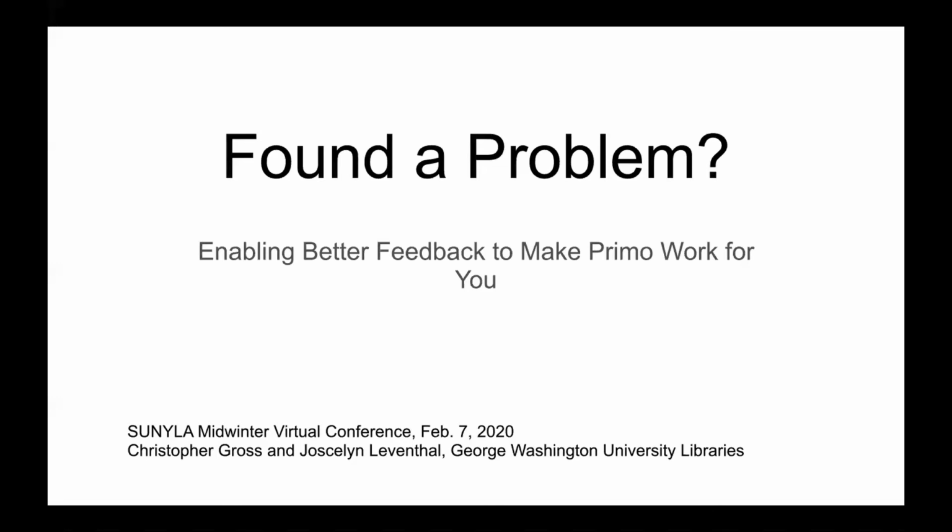In our case, the answer to the first question is very often. And the answer to the second question is also very often. User feedback is critical to managing Primo in any online service. Therefore, we need to make it as easy as possible for users to report problems and also handle those problems efficiently once we get them.